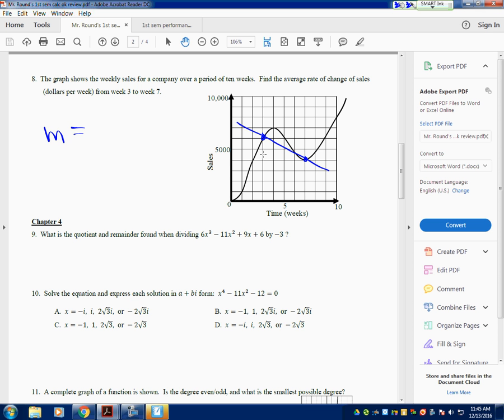Well, if I call this coordinate 3, 6,000, and this coordinate is 7, 4,000, then y2 might be the 4,000, y1 is the 6,000, over 7 minus 3.